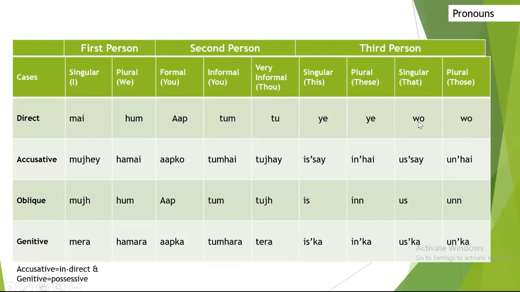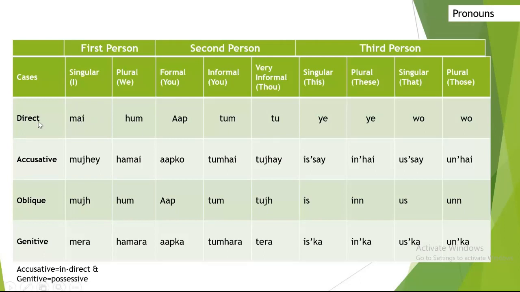Okay? So in the third person, that and those, in both cases the Urdu word is wo. Now let's take an example. She is a girl. वो एक लड़की है. Those are girls. वो लड़कियां हैं.